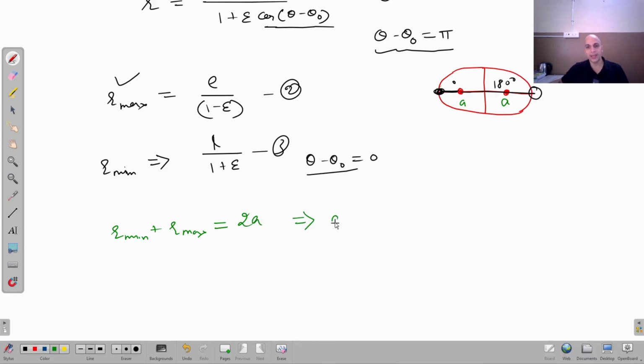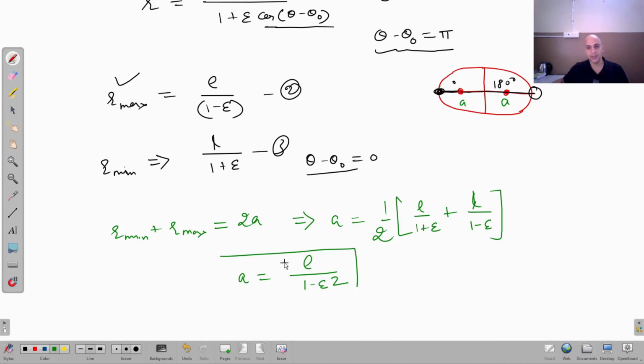So it gives me a is equal to 1 by 2 into r minimum, L upon 1 plus epsilon, plus r maximum, L upon 1 minus epsilon. So these are the two terms that I put up here. Then after solving it, I will get a is equal to L upon 1 minus epsilon square, right? Now let's find out the value of epsilon.